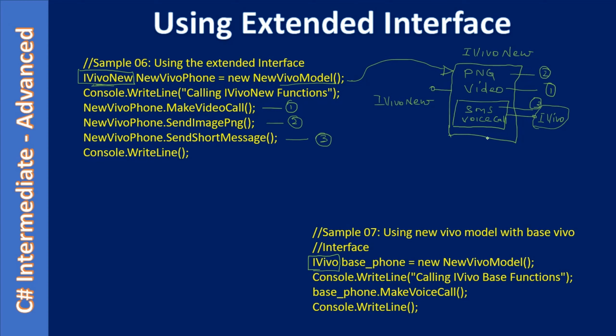Since we are using the base interface, we can make a call to SMS and voice call. We cannot access the advanced functionality of PNG, I mean, sending PNG message, image message, and making a video call. And if you see here, we are making a call to the make voice call function. So that's coming from this IVivo interface.